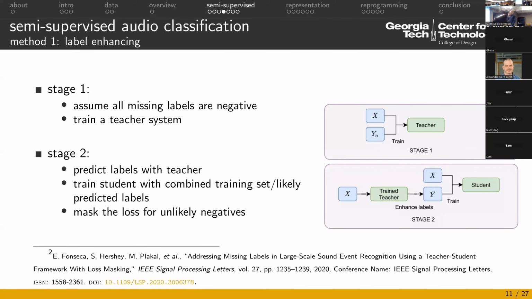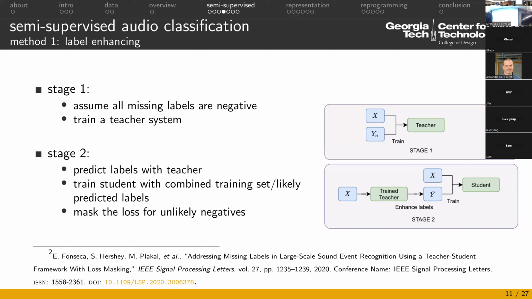And then we have the first method to deal with the missing labels, where we have a student-teacher approach, or teacher-student. I'm not sure what the more common way is to refer to that. In a first step, we assume that all missing labels are actually negative. And then we train a classifier for that. That classifier is referred to as a teacher system. And then we use that classifier to predict our missing labels.